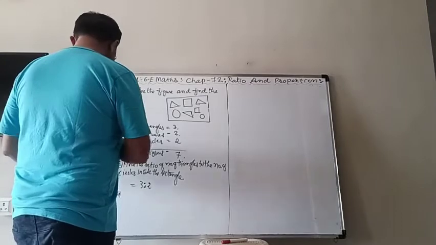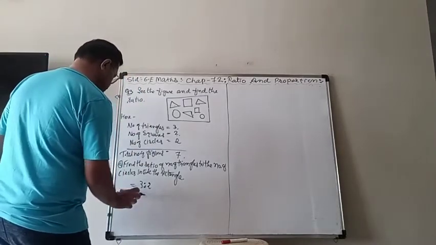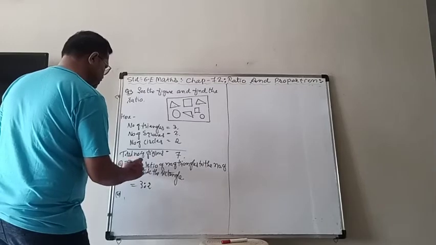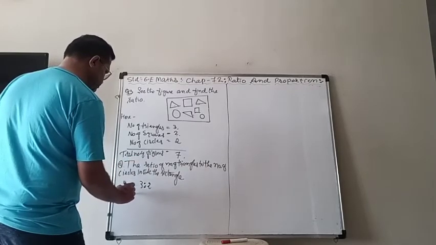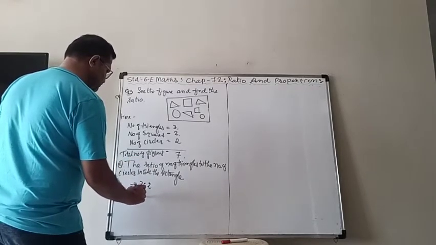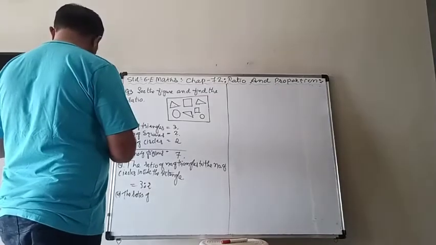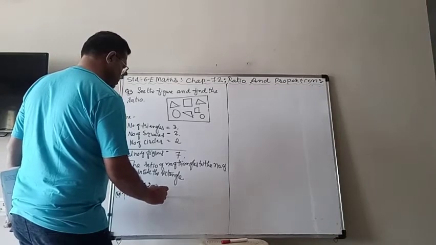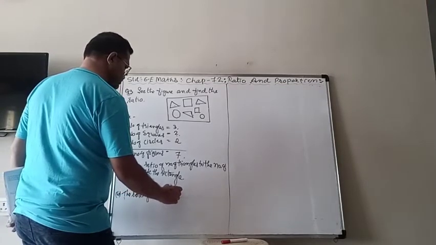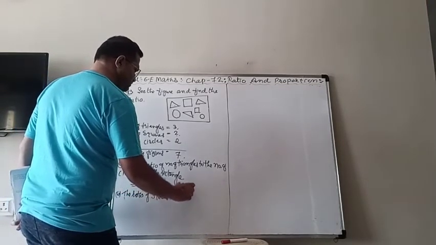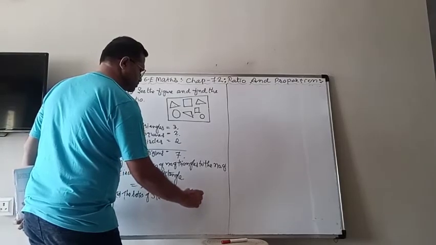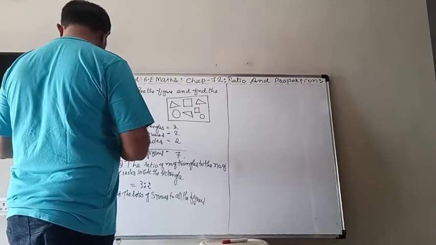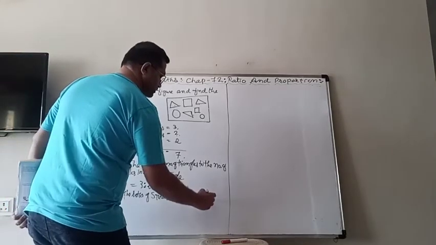B. You can directly write the ratio, you don't need to write down the question. The ratio of squares to all the figures inside the rectangle.